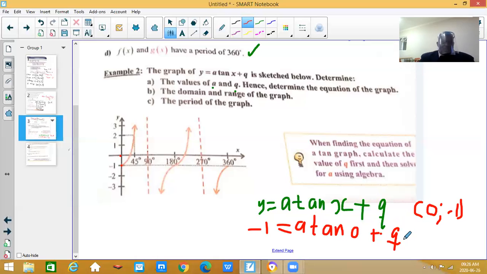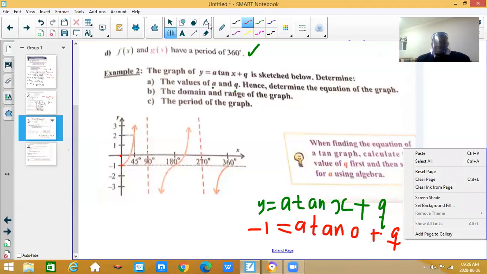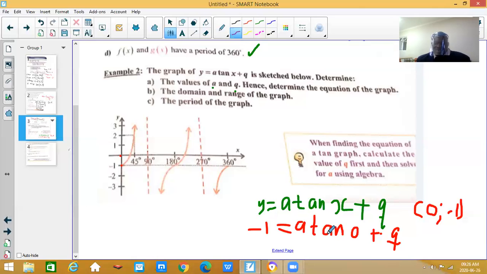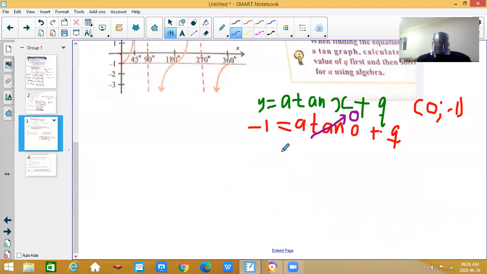Now you fall back onto your calculator. What is tan 0? Tan 0 will give us 0. 0 times a is 0. So implying that q is equal to -1. You have got the value of q, which is -1.